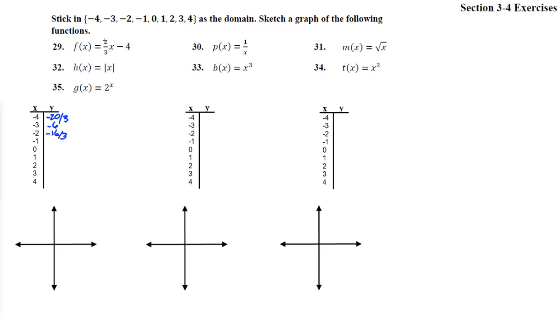Stick in -1, and it's 2/3 times -1 is -2/3 minus 4, which is 12/3, which is -14/3. You'll notice that every time we increase 1, we go up 2/3. That's the slope of the line. That's that constant change that takes place on a line that is in a straight direction.